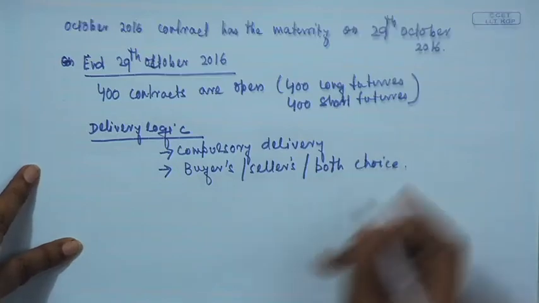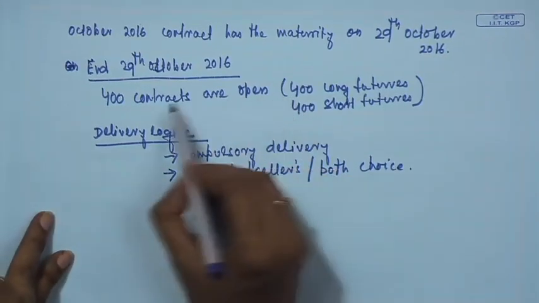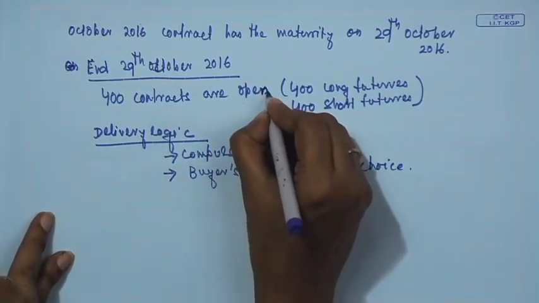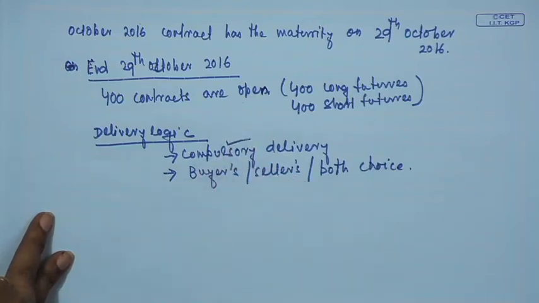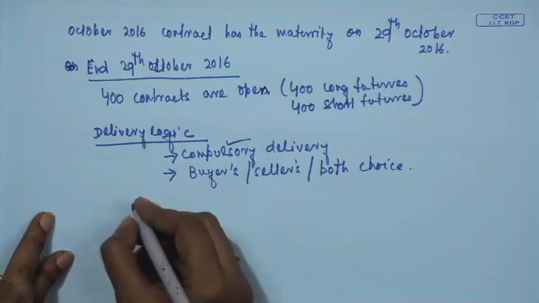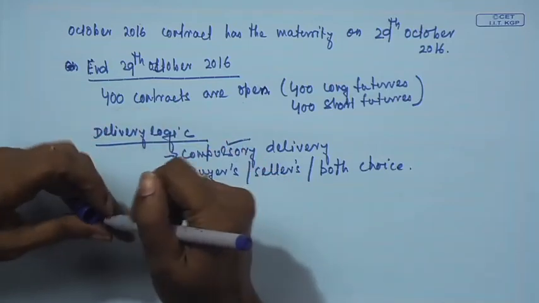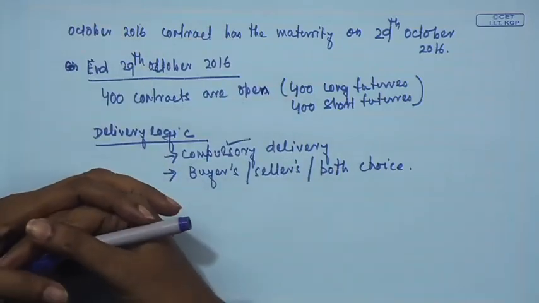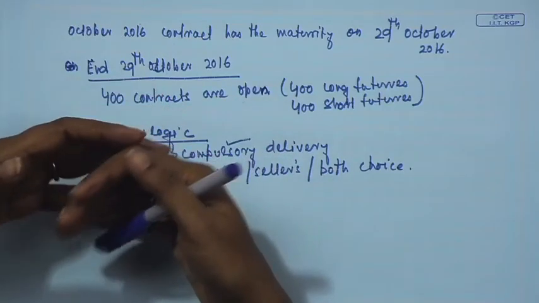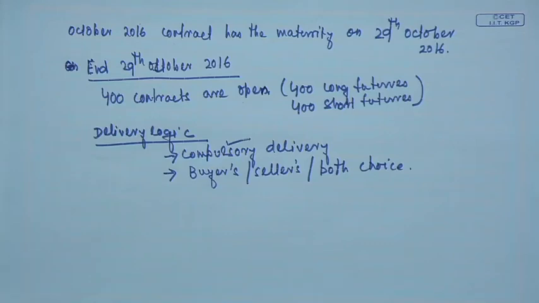Let us understand, if 400 contracts are open on the last day, the contract expiry date, what will happen in the compulsory delivery. Compulsory delivery means the buyers have to take delivery and sellers have to deliver the underlying. Underlying means sellers have to deliver the warehouse receipt.